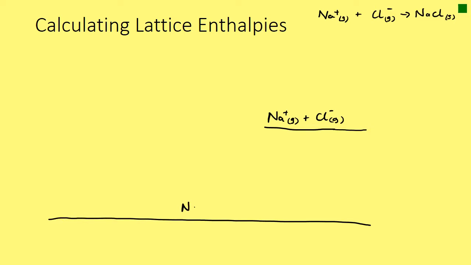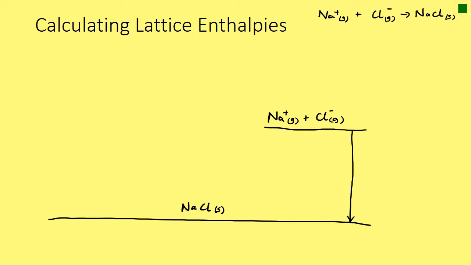So let's write sodium chloride solid like this. When we start with sodium ions and chloride ions, and we make sodium chloride solid, we know that we're going to get heat given out as an exothermic reaction. Just like in the GCSE energy level diagrams, exothermic energy out direction is downwards.